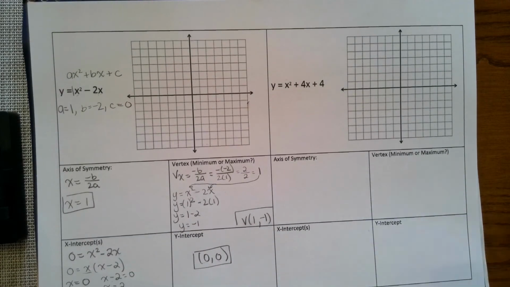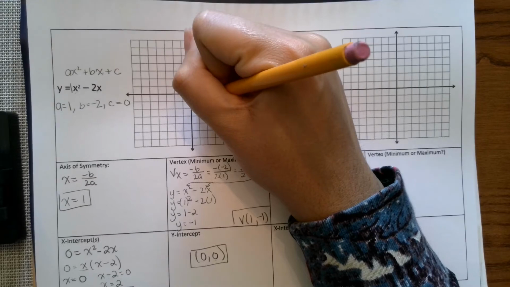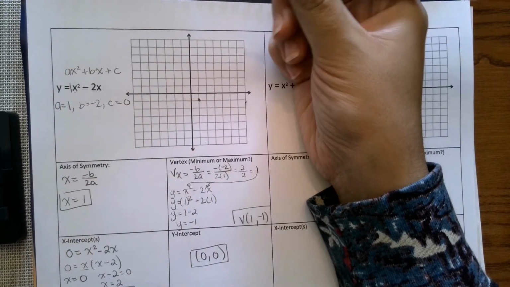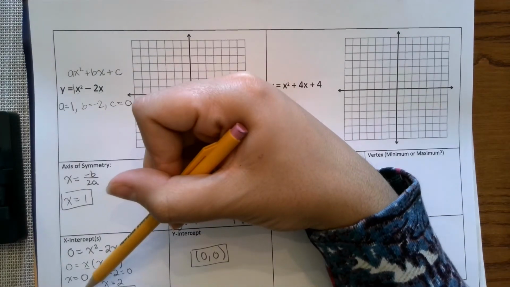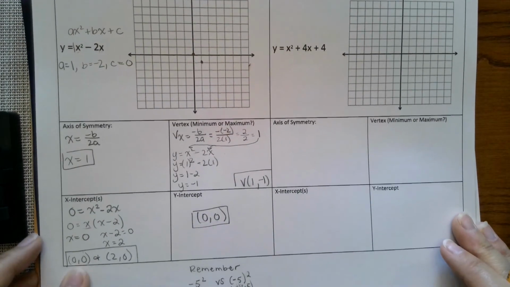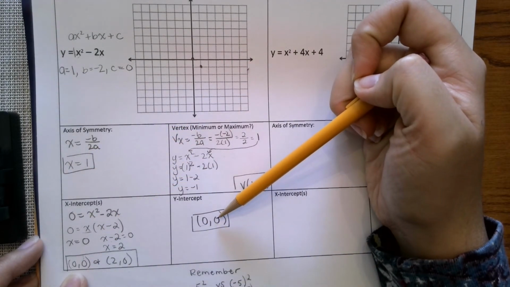Okay, so graphing this, I'll start with my vertex. I want positive 1, negative 1. My x-intercept, notice how (0, 0) is an x-intercept and a y-intercept.